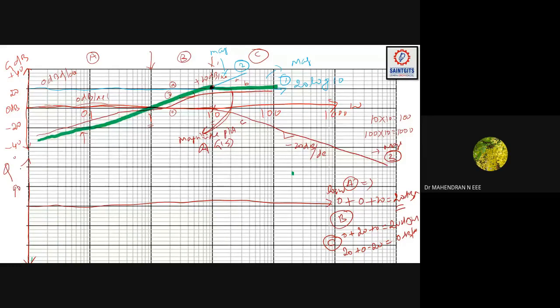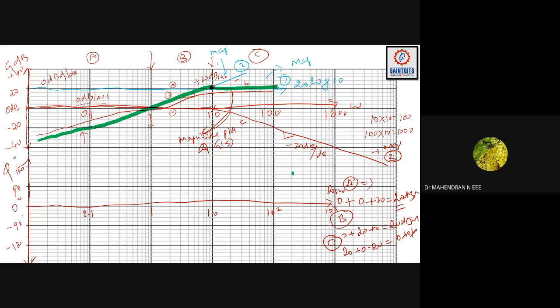So this will be 90 degrees, 180 degrees, 0 degrees, minus 90 degrees, minus 180 degrees. Then on the x-axis 0.1, 1, 10, 10 power 2. The same scaling should be followed on the x-axis, which always represents log omega or frequency.